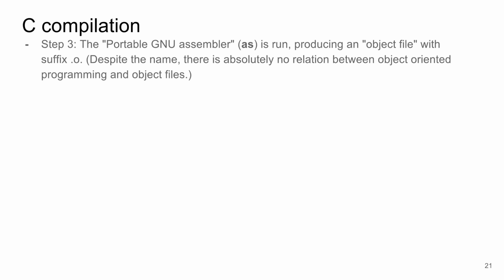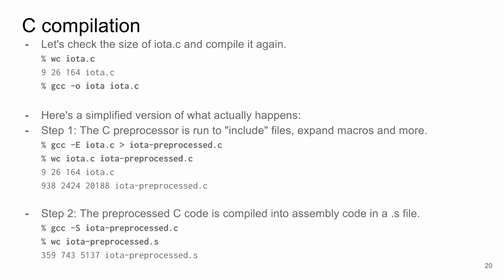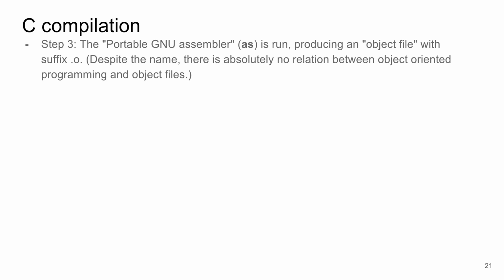The next step is the portable GNU assembler, which is AS, the command if you want to actually run it. We run that on this assembly code that we generated down here. What this does is it produces an object file with the suffix .o. And like it says right here, despite the name, there is no relation between object-oriented programming and object files.